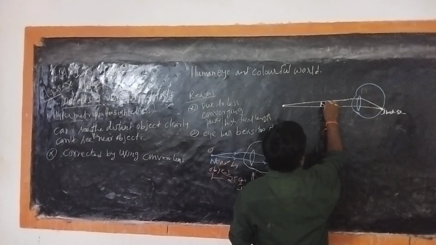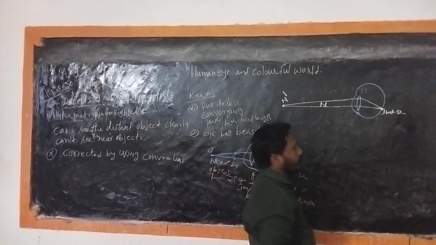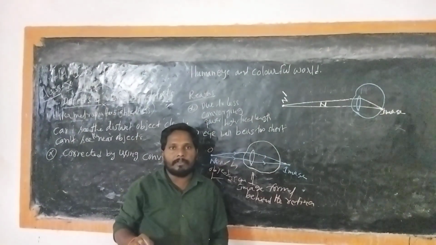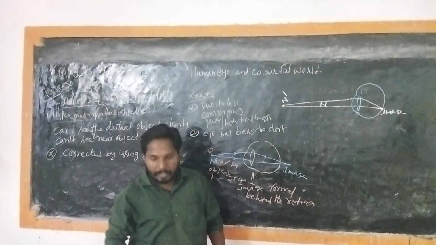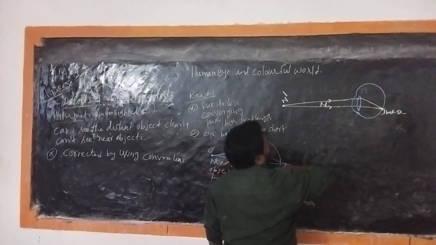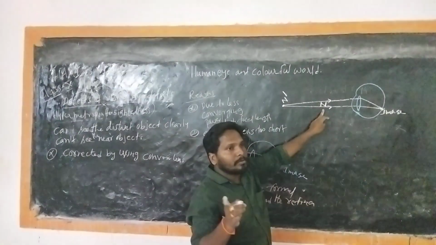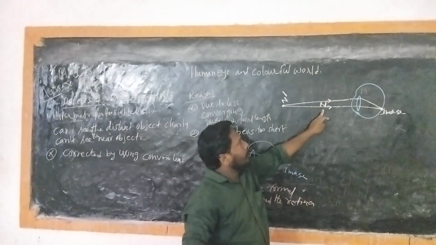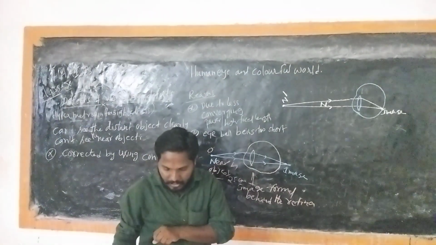So here the nearer point, for the person who is suffering with, sorry, hypermetropia. The person is unable to see the near objects, but able to see the far objects or the distant objects.